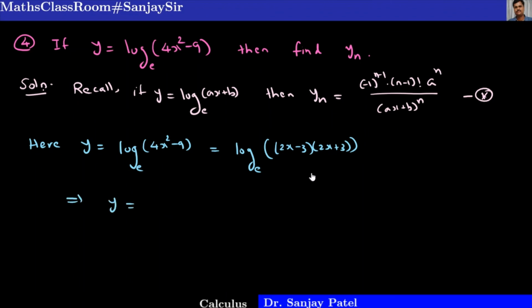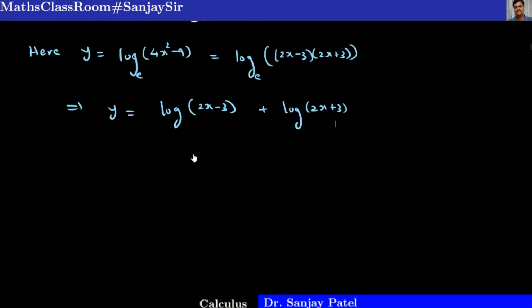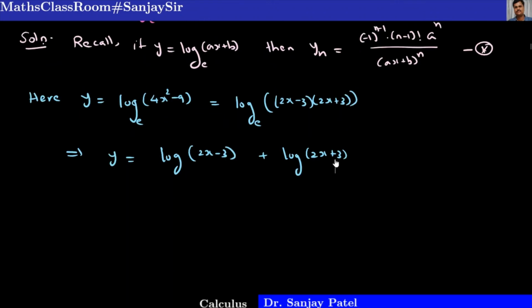So this I am writing as log of 2x minus 3 plus log of 2x plus 3. Even if I don't write the base, it is understood that the base is always e unless it is mentioned specifically. So now we can apply this formula star for finding the nth derivative of log of ax plus b.